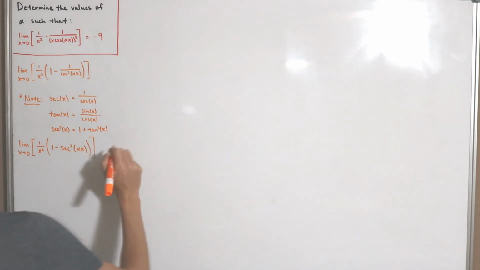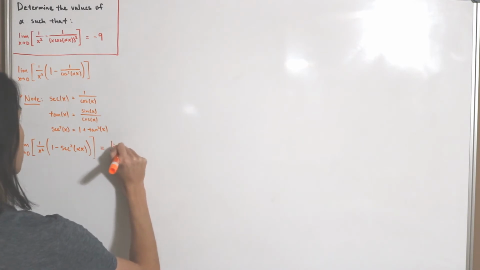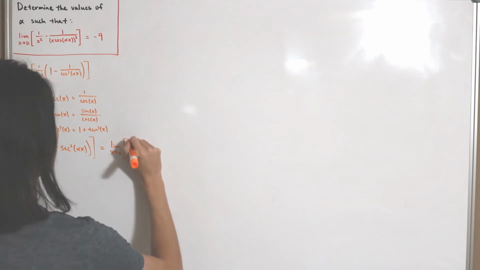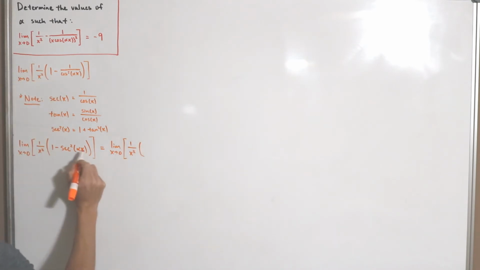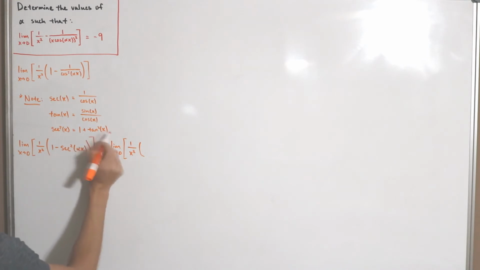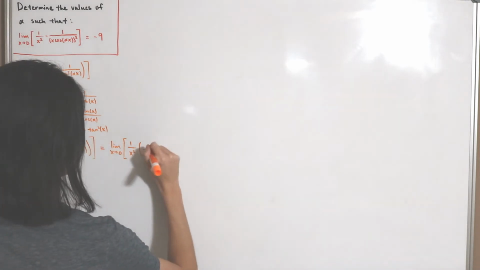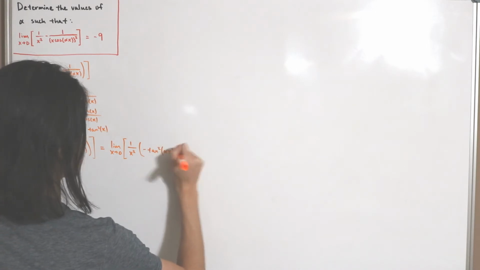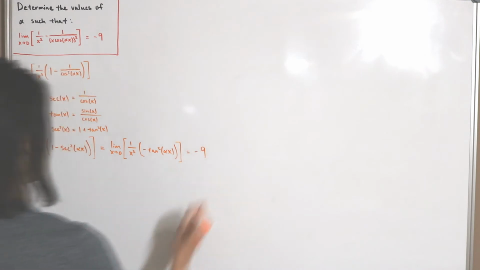And then let's rewrite this a little bit. Same thing, the limit of 1 over x squared, and then I'll replace the 1 minus secant squared alpha x with this identity over here. I'll replace this with negative tangent squared of alpha x. Okay, good. And so far, we've set that it's equal to -9.